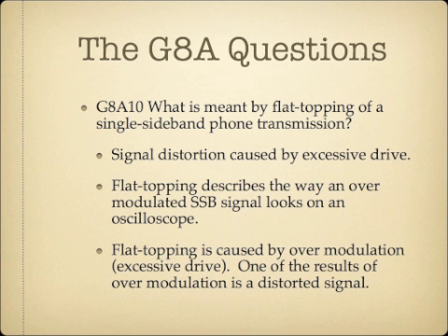So basically, if you've got a smooth wave which rolls up and down, this one rolls up, hits a hard right angle, and then continues with the wave down, and comes back up, hits a hard right angle. So flat topping is caused by overmodulation or excessive drive, and one of the results of overmodulation is the distorted signal. Like I said, keep that overmodulation and distortion association going, and it'll help with a lot of questions.